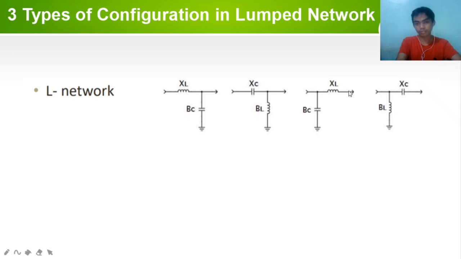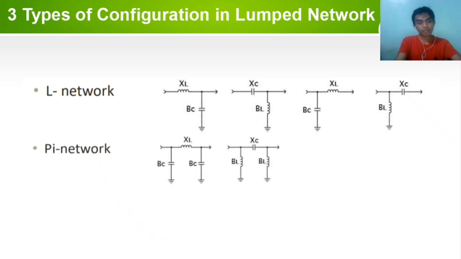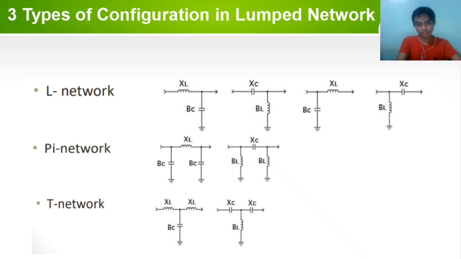So it forms the letter L. The second one is the pi network, wherein the circuit forms a pi. And lastly, the T network, wherein all components form a T.